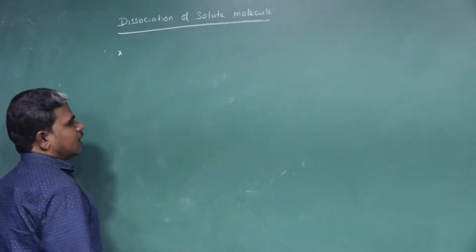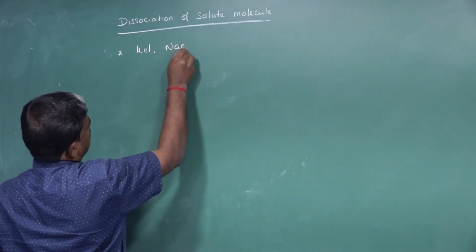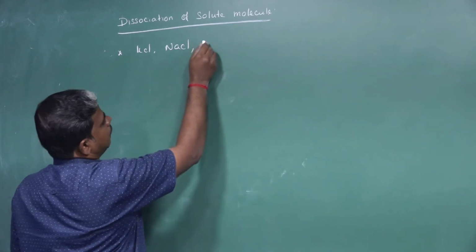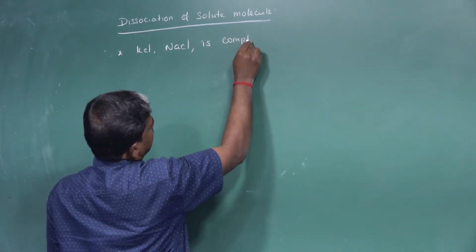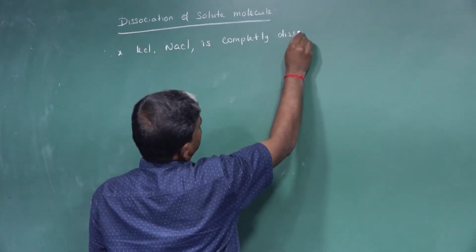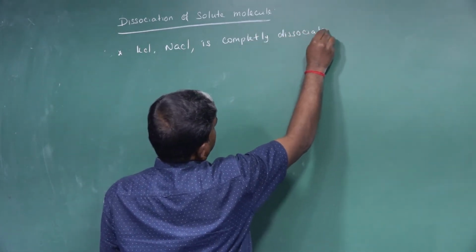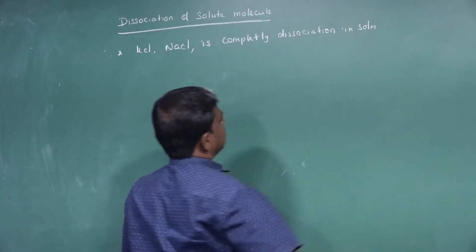Now, we may take that a strong electrolyte like KCl and sodium chloride NaCl is completely dissociated in solution.